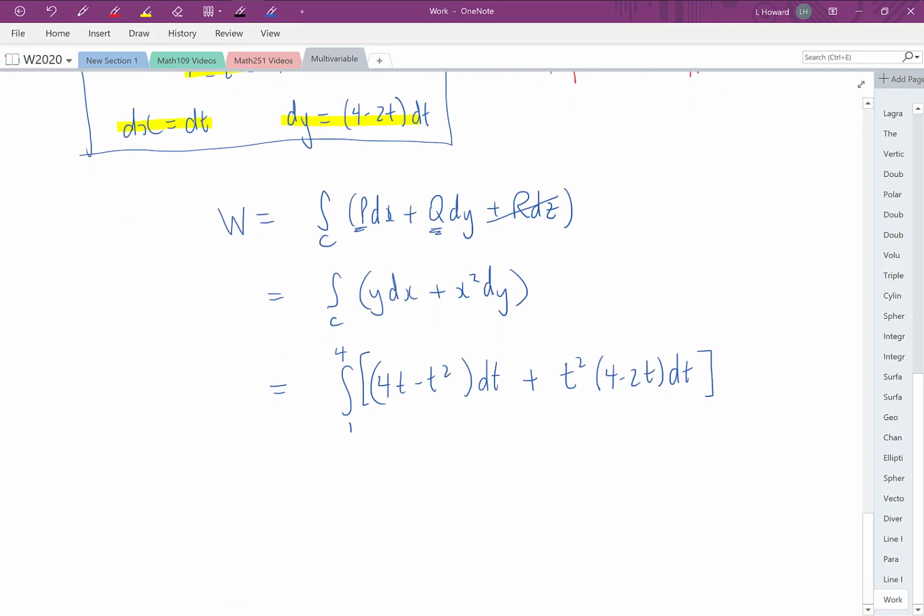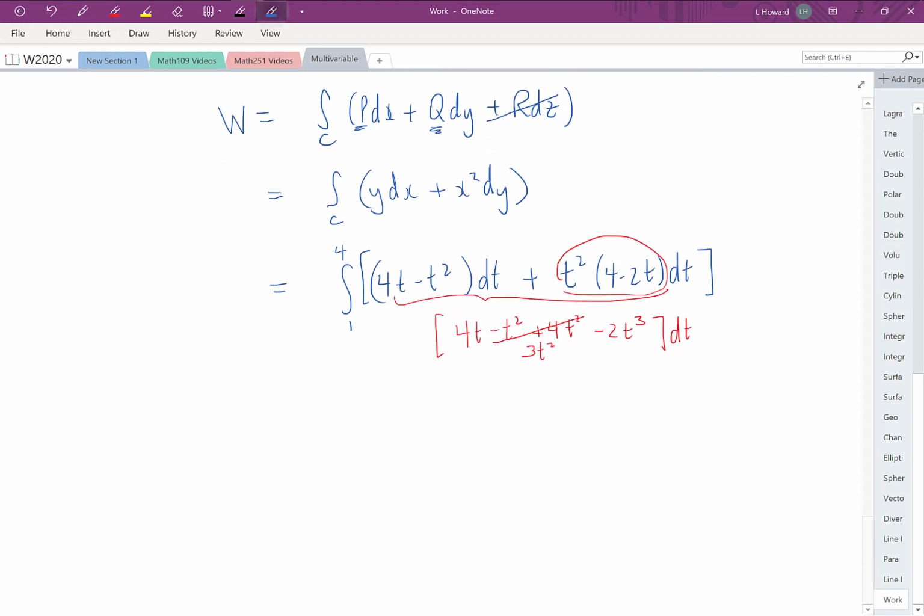All right, let's clean this up. So we are going to have a big dt at the back. I might as well just factor that out now. And let's write down what our terms look like. So we have 4t minus t squared. And then we need to do this multiplication here. We'd have a plus 4t squared and then a minus 2t cubed. So we can do a little bit of collecting like terms there to get a 3t squared.